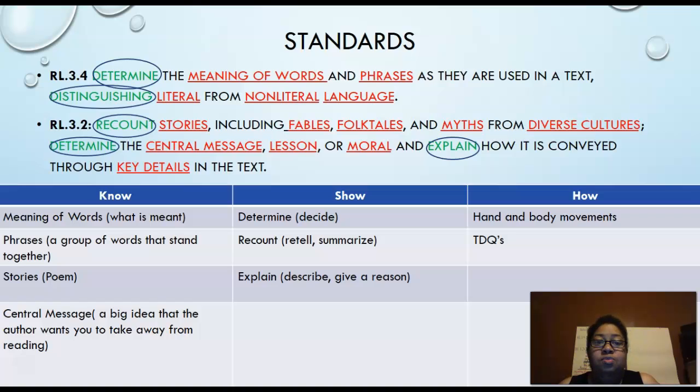Now, for this particular activity, we won't be covering every part of the standard, but our know and show will kind of tell you which way we're going with this lesson.